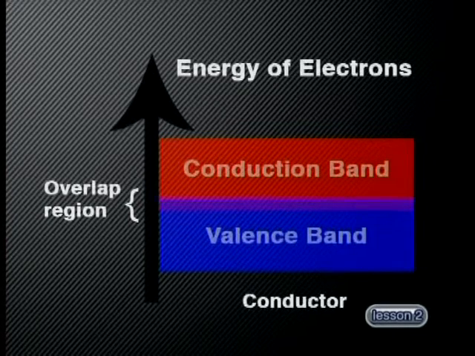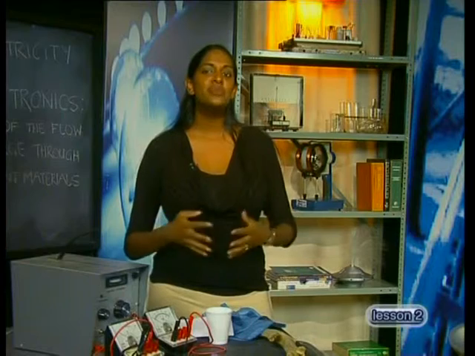We also showed that the overlap area is different in different types of metals, which explains why some are better conductors than others. In this lesson, we will investigate the effect of applying a potential difference to insulators, use energy band theory to explain our observations, and see how the properties of insulators can be used in electronic components called capacitors.